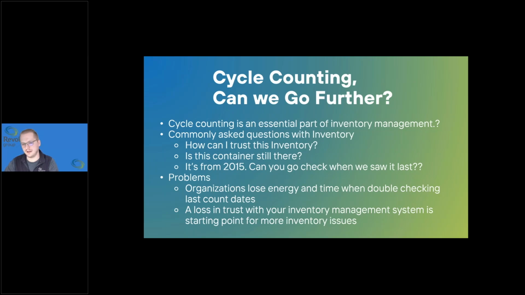So obviously, all of that extra churn causes you to lose energy double checking cycle count dates, and when the last time you had hands on the material, and this causes an overall lack of trust in your inventory management system, as it could be the starting point of even more inventory issues.